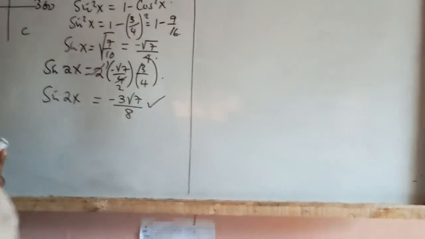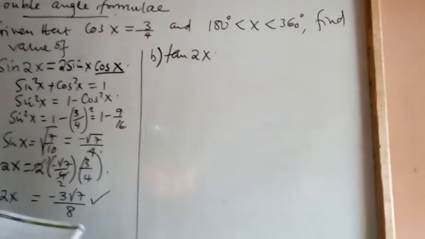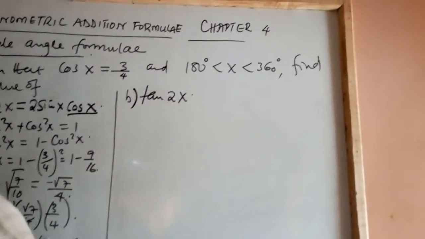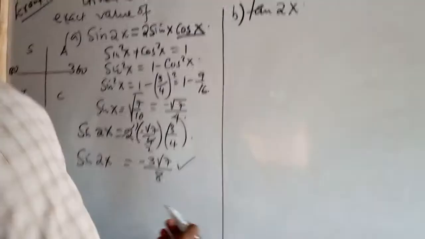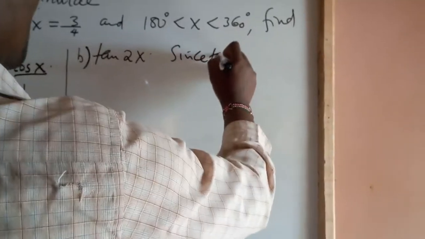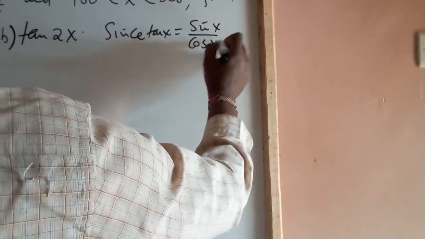But it is the tan of 2x that we must also take care of in part B. We have not been given anything to do with the tangent of x. We only have the cosine, and now we have the sine. So we know that tan x is equal to sine x over cosine x.